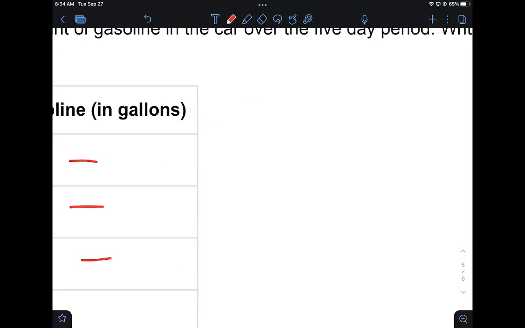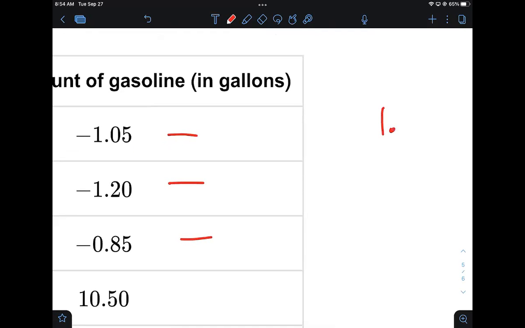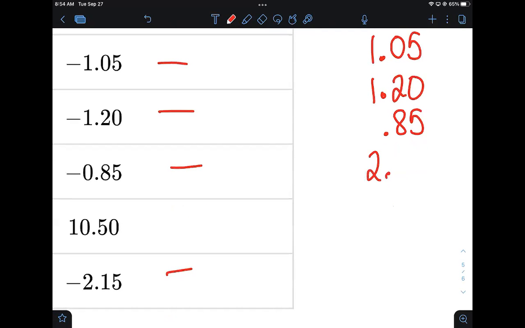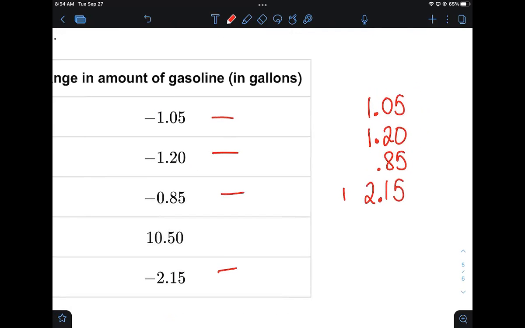So, we've got 1.05 plus 1.20 plus 0.85. And then the last one's 2.15. They're all negative. So when we add them together or join forces, the answer is going to remain negative, but it will give us a good idea of all the gas we used this week.